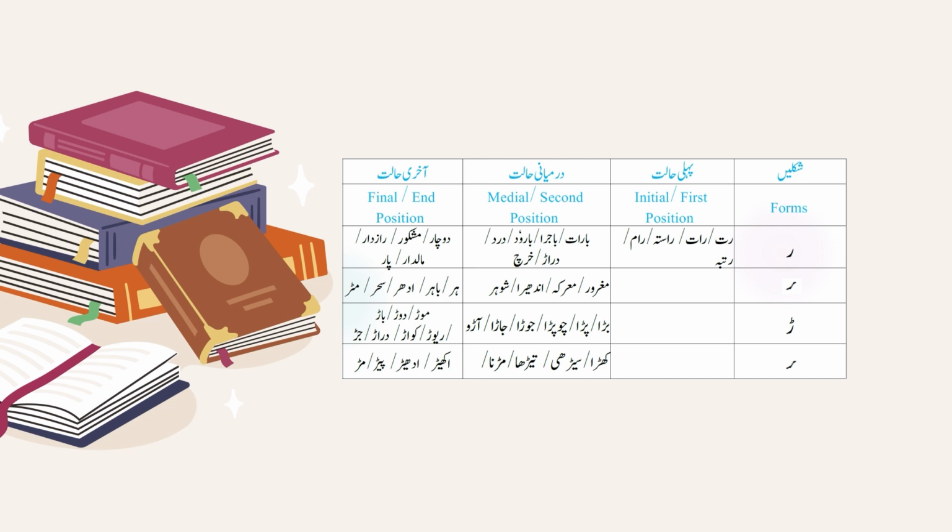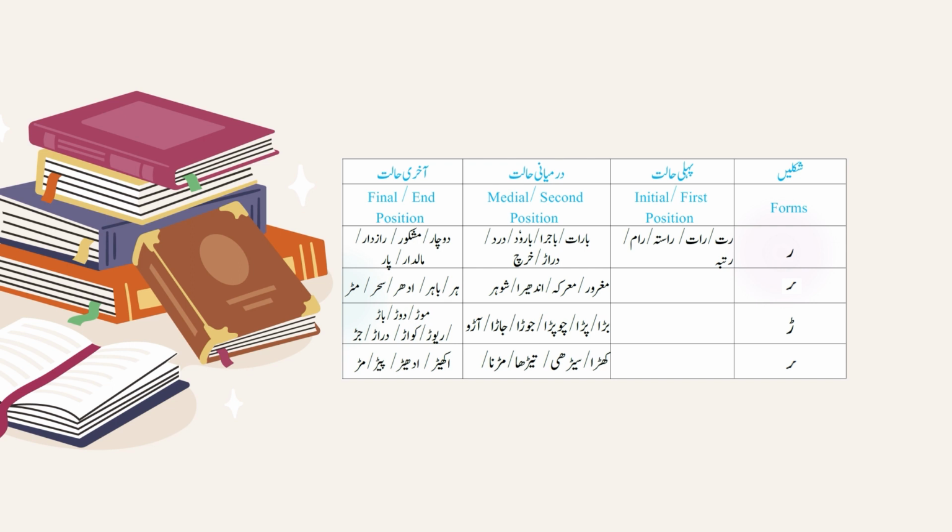It has not changed itself. Another example, Mashkur, in its full form at the end. Razdar in its full form at the end. Maldar in full form. Par, and we are observing that at the end Ray is intact. It works with full form.